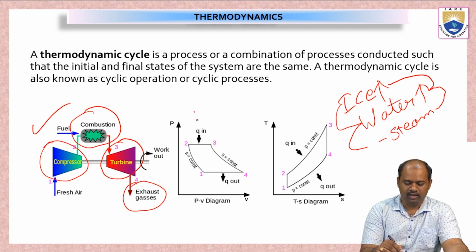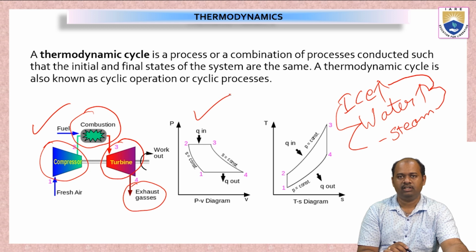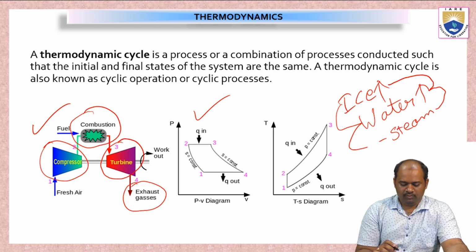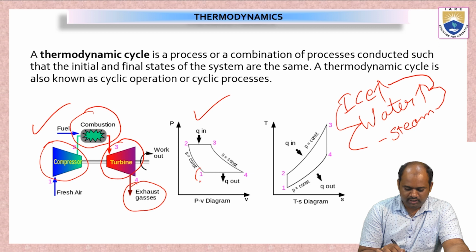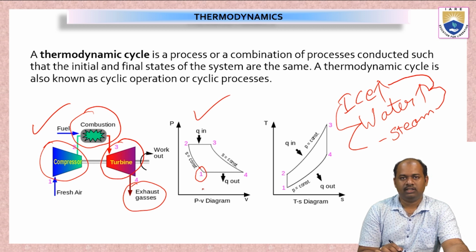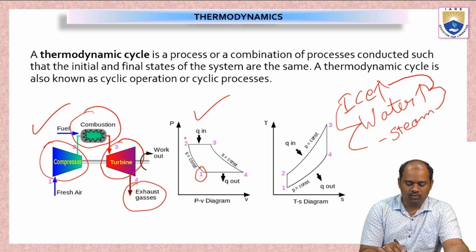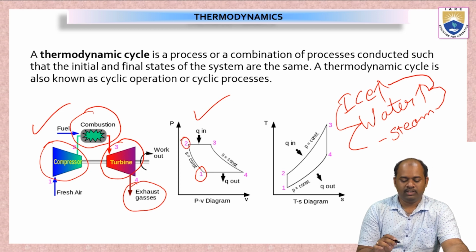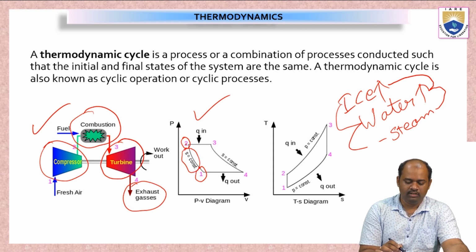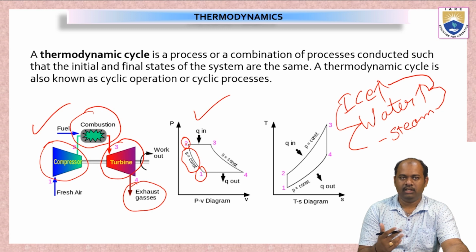Now if you see the graph, the PV diagram, pressure versus volume diagram, here we have process 1. This is the initial step where we have a process line from 1 to 2 where entropy is constant. Entropy is constant because we are not supplying any heat.